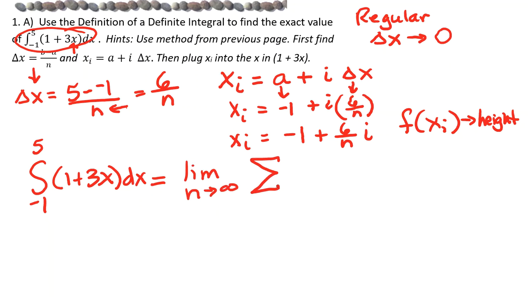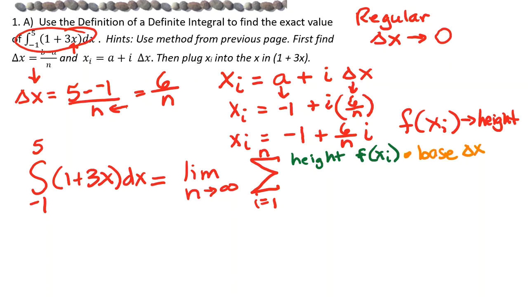So our sigma is going to go from 1 to n, and the limit operator is going to make sure that we're doing an infinite number of rectangles. So as we did with any Riemann sum, we are adding the areas of rectangles, so we're taking the height, that is our f of x sub i term, and we're going to multiply by the base of each rectangle, and that's going to be our delta x value.